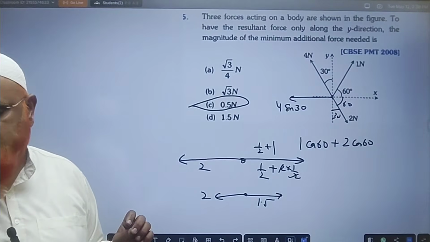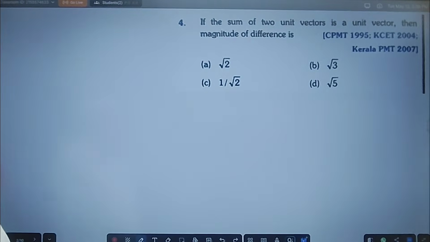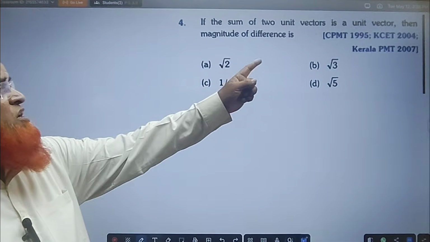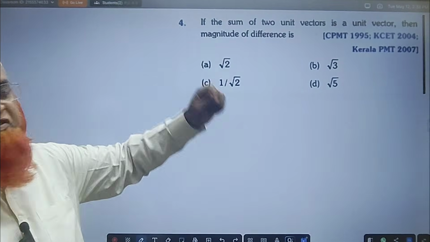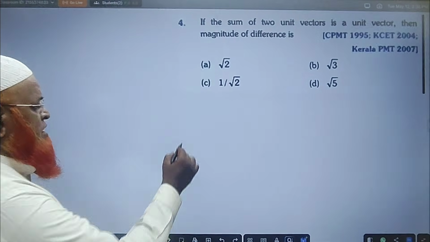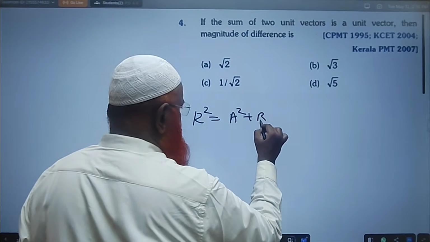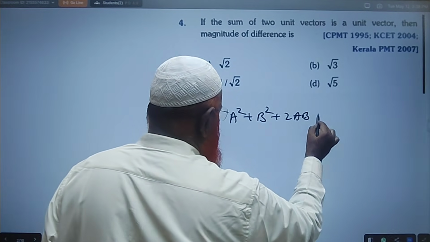Next, you just see here, the sum of two unit vectors is a unit vector. Then what is the magnitude of the difference? So how will you do this? You know the resultant: R square is equal to a square plus b square plus 2ab cos theta.